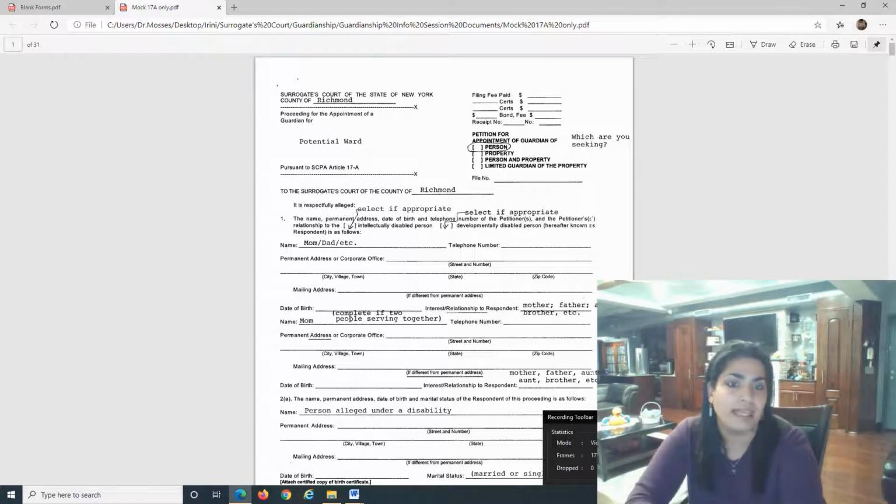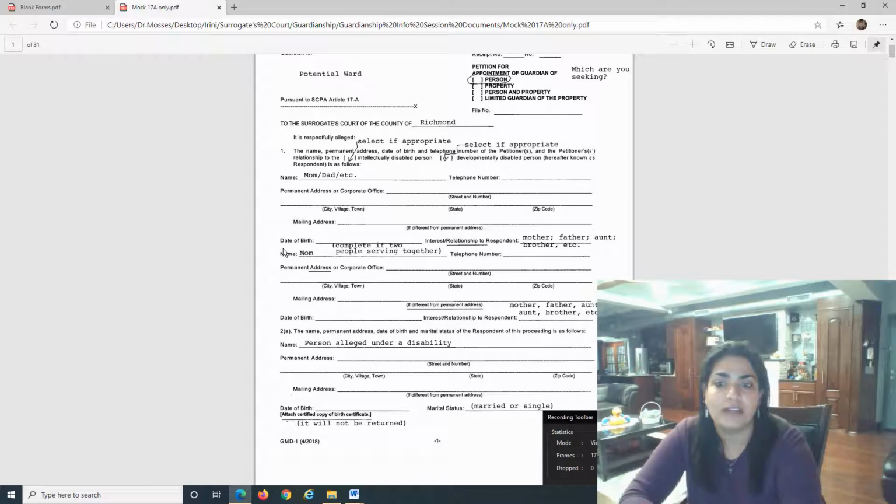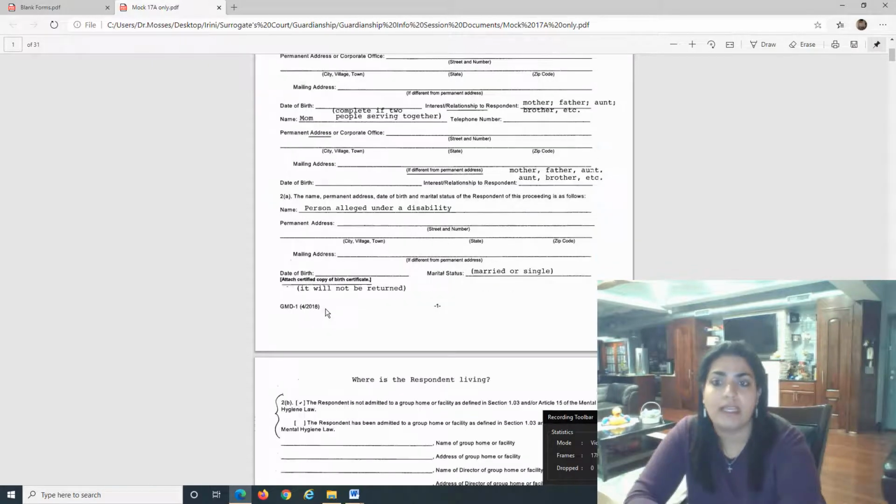Could be mom, dad, aunt, brother, sister, grandpa, grandma, whoever it is. You would state down the relationship. And then right over here is the second person, if it's applicable. So if you have two people applying to be petitioners and co-guardians, the second person's information would be here. The most common scenario that we see is when it's both parents applying. Now, number two is information pertaining to the person under a disability.